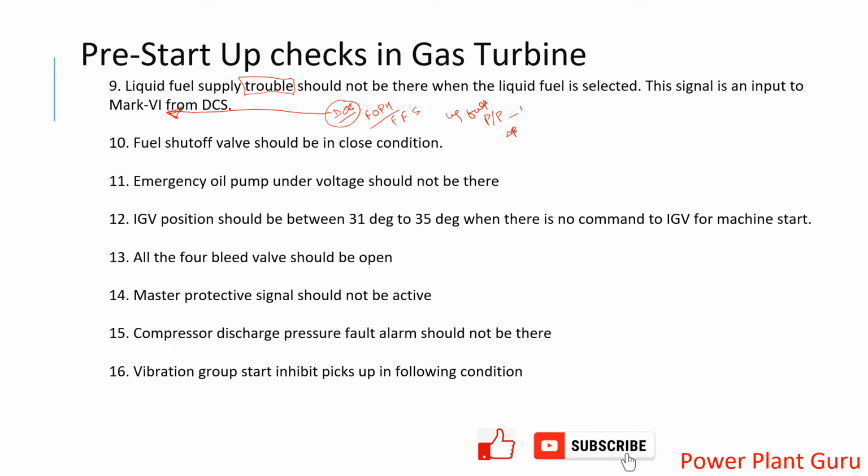The next check is the fuel shutoff valve. This is basically the trip valve or stop valve. If you are going to start your machine, before startup the stop valve definitely has to be closed.